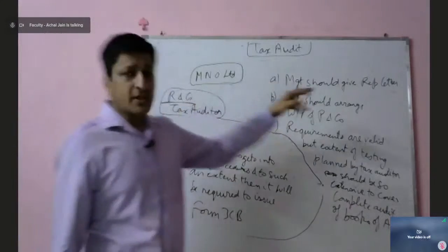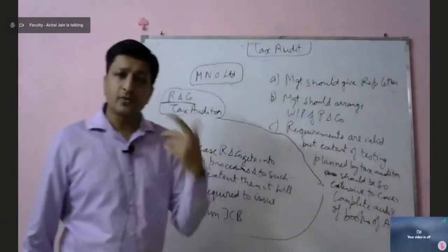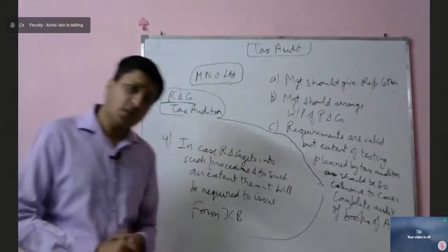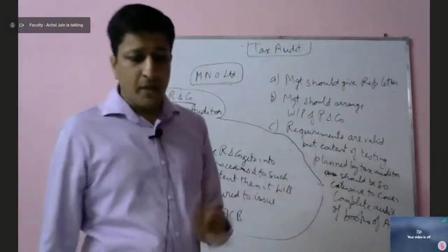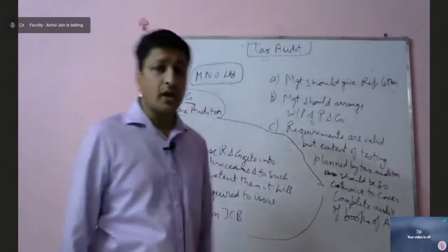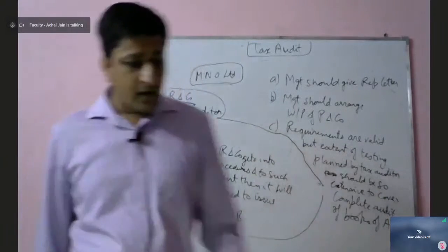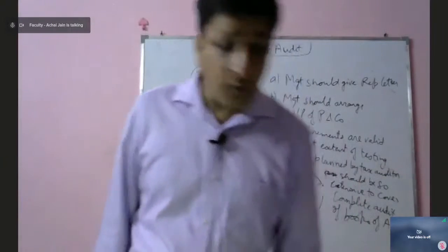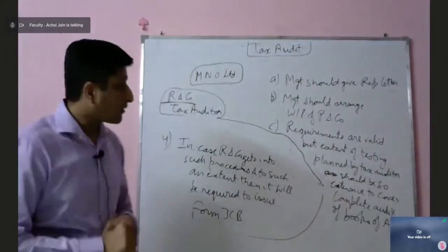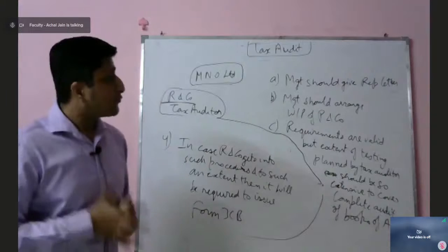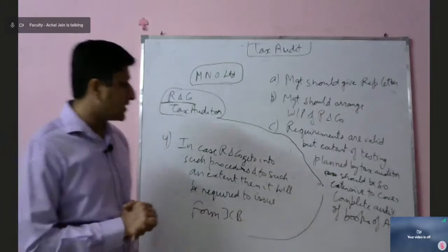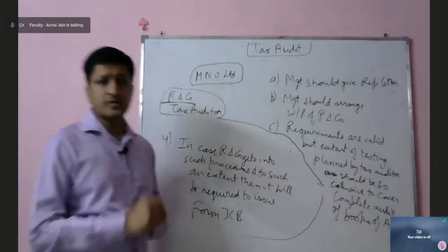Why? Because the statutory auditor has already completed the audit of the financial statements of this company. Okay, yeah. So these are the facts. I'm hoping that you have understood the facts, and I'm hoping that you have also understood the options. And I'm hoping that you would have also tried to get to the solution in all of these situations, as to which one you think is the best option out of these 4 options that are available to us.